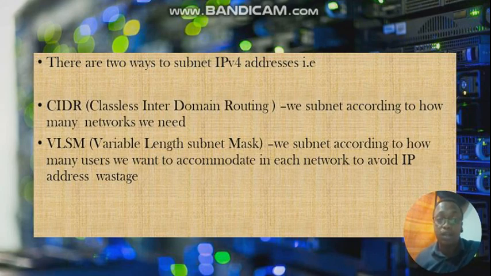Now, in a variable length subnet mask, the requirement is the number of users in each network. That is, you are required to create different networks, but in each network you specify the number of users that you need. So let's get into each of these methods and understand how we create networks through the two methods.